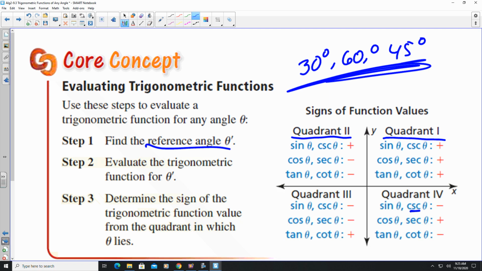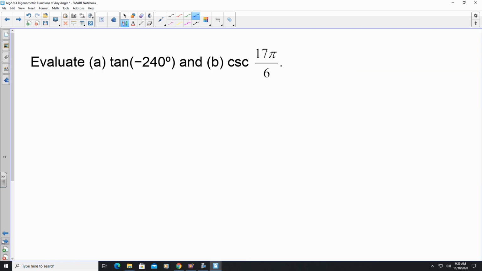So to finish up, here it asks us to evaluate the tangent of negative 240 degrees. What I'm going to do first is figure out where negative 240 degrees is located. Negative 240 is somewhere right about here, which means that my reference angle is right here.